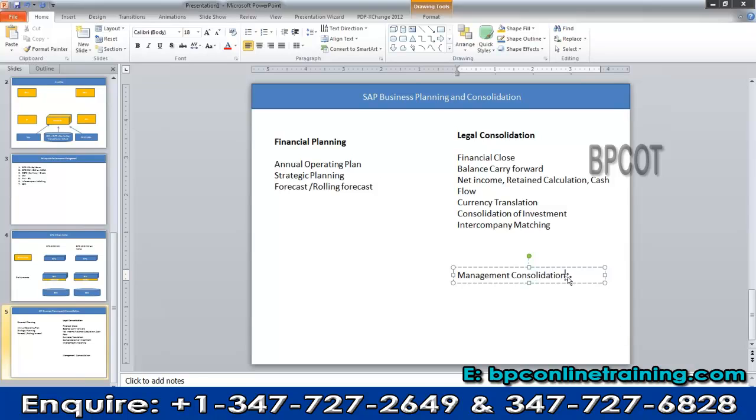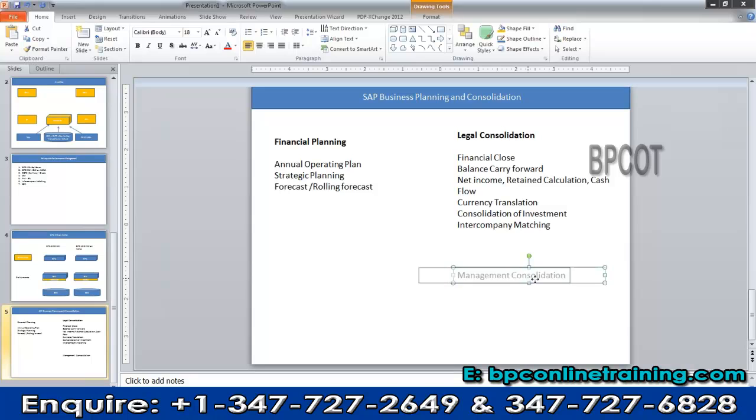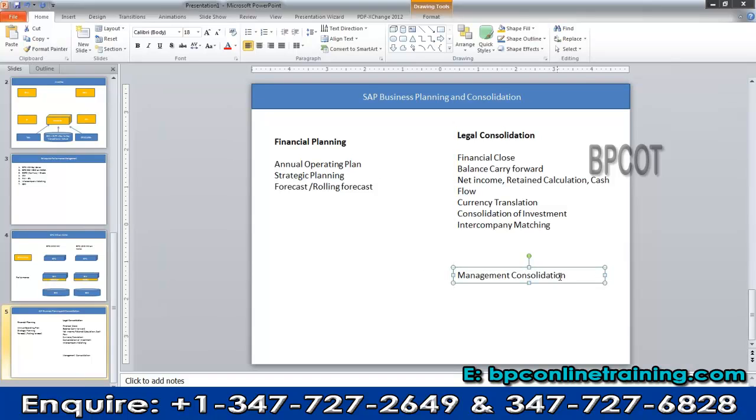Management consolidation. Here you can do management consolidation, in the sense that in the US you need internal consolidation for management purposes, mainly in the US. For that, you can use management consolidation.